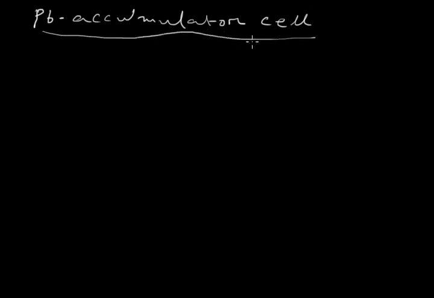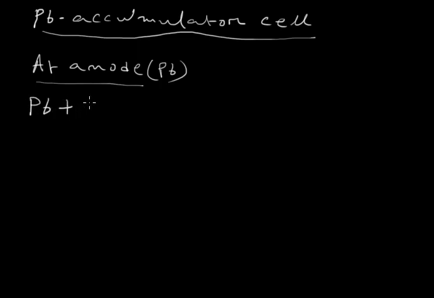In the lead accumulator cell, at the anode, the anode is made up of lead, and the reaction that takes place is Pb plus SO4 2-, that is, lead reacts with sulfate ion to form lead sulfate, and during this process 2 electrons are expelled.